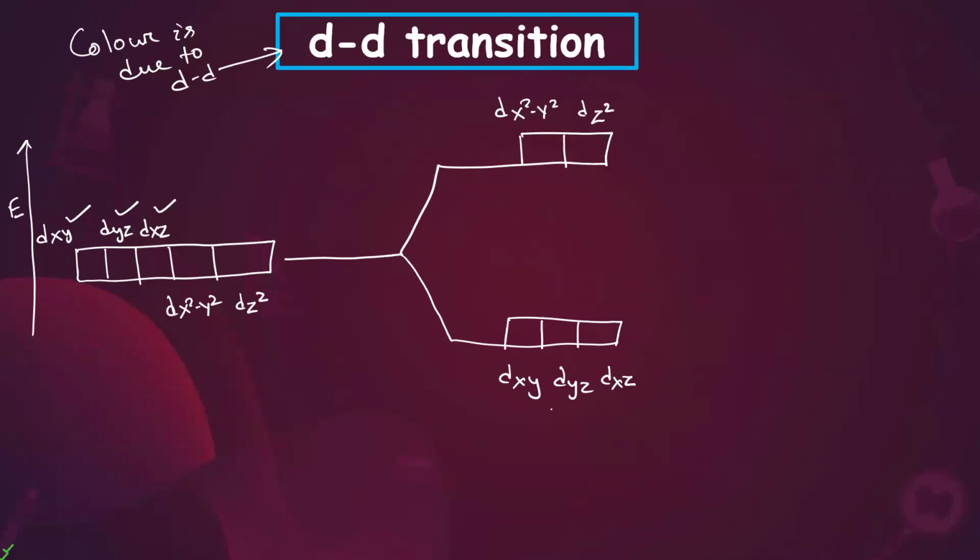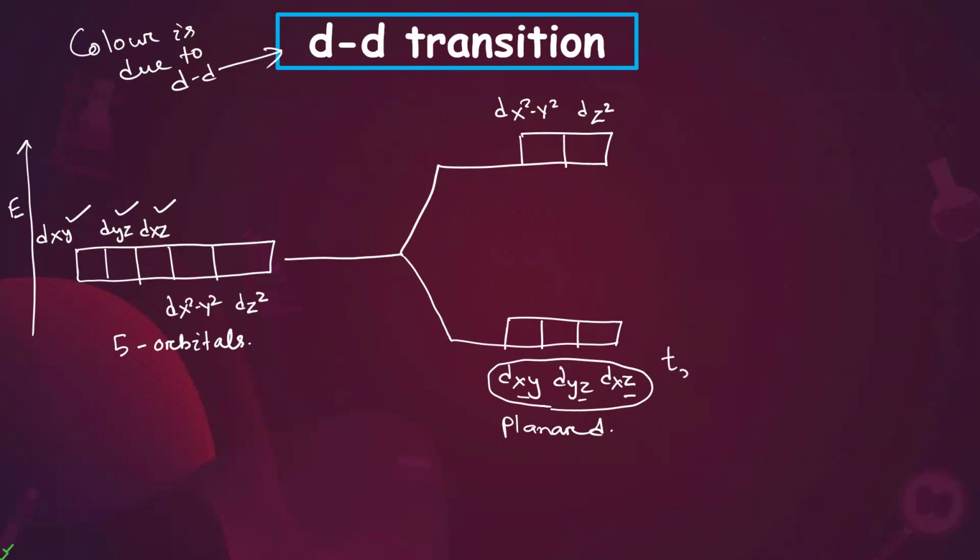So this is one set of d orbitals having three orbitals. Again, there are five d orbitals divided into two groups. Because these are planes xy, yz, xz, these are planar d orbitals, forming one set of three orbitals.